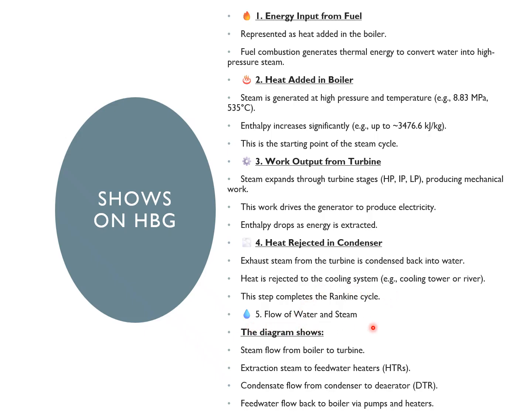Flow of the water and steam: the diagram shows steam flow from the boiler to the turbine, extraction steam to the feed water heaters, condensate flow from the condenser to the deaerator, and feed water flow back to the boiler by pump and heater.